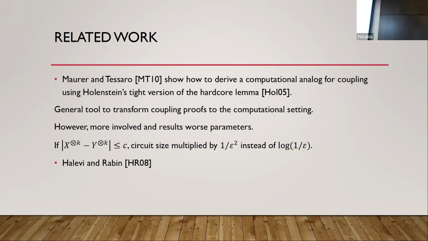for some parameters, for example, if the distance between the K products is expected to be upper bounded by a constant, then instead of increasing the circuit size by 1/epsilon², where epsilon is the slackness, we will only increase the circuit size by log of that.